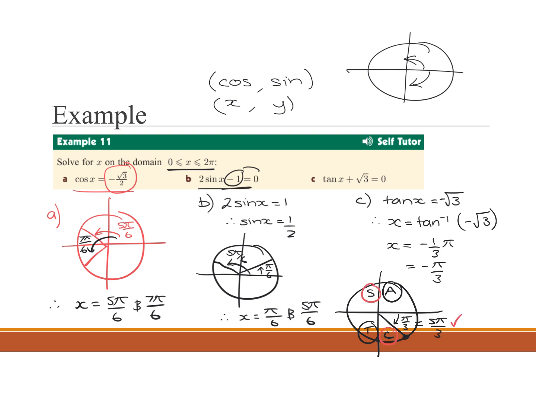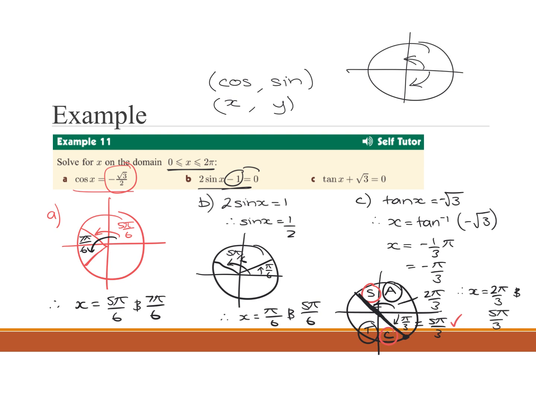And with tan, the second angle is always directly across, in terms of these pi on 3s, and that's going to be equal to 2 pi on 3. So therefore x is going to be equal to 2 pi on 3 and 5 pi on 3.